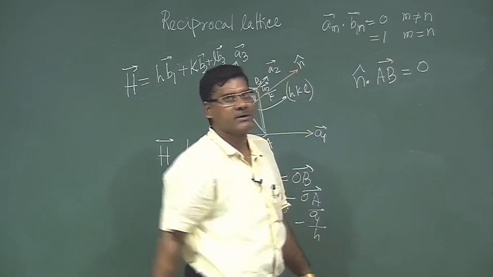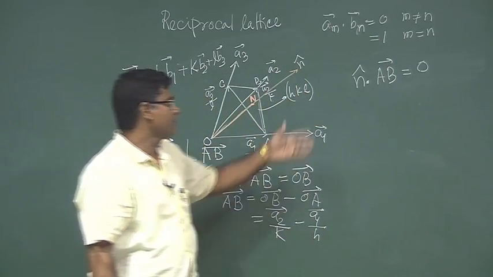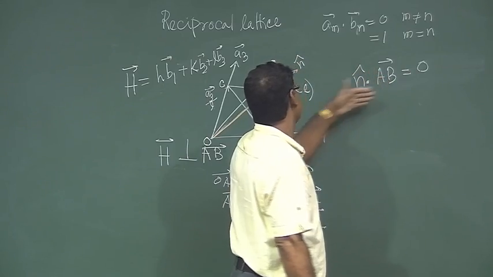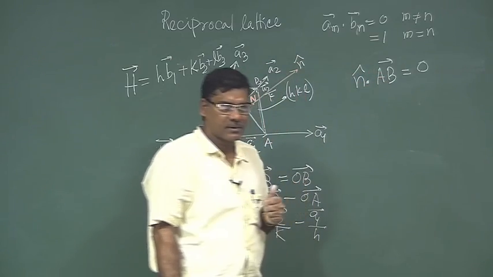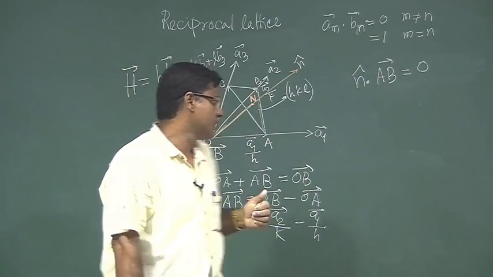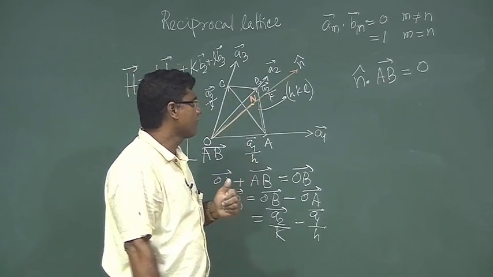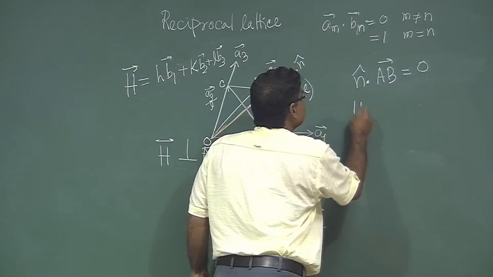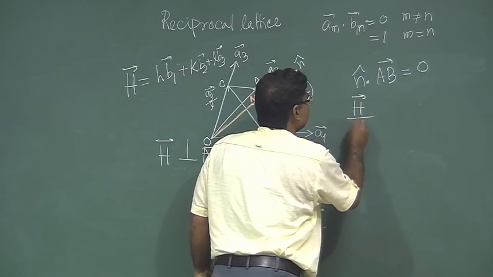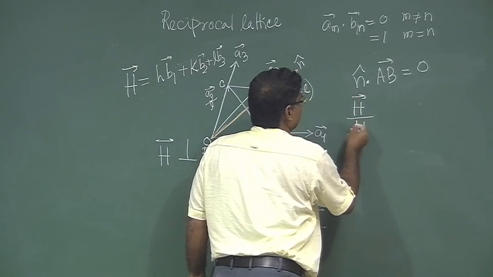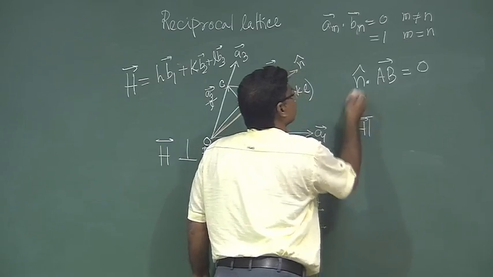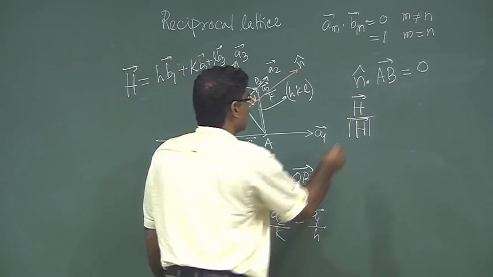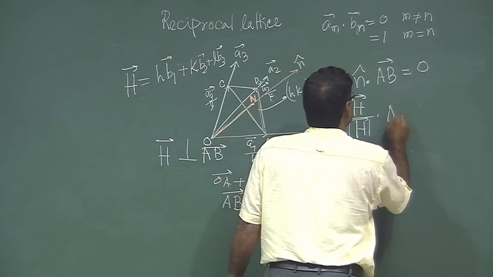If it is 0, then this direction is perpendicular to AB. So, n is H by magnitude of H, that is the unit direction, right, dot AB.